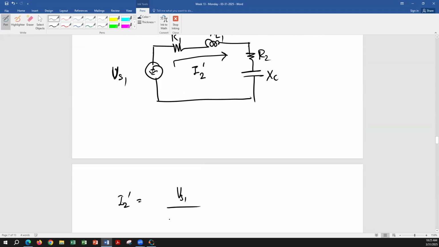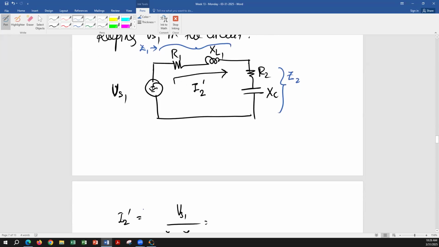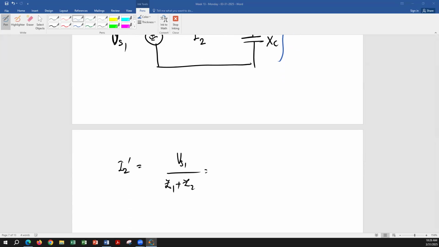Remember, this was Z1 and this is Z2. That's 66.59 plus j2.21 milliampere.